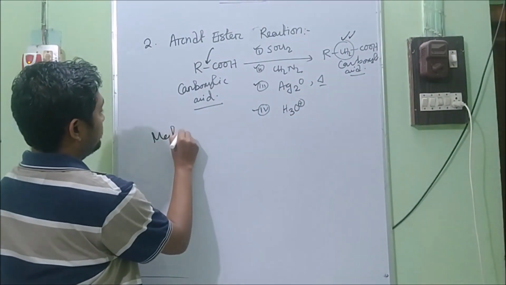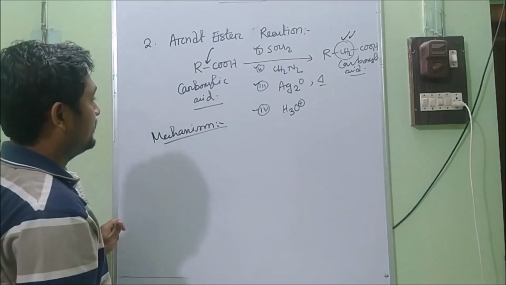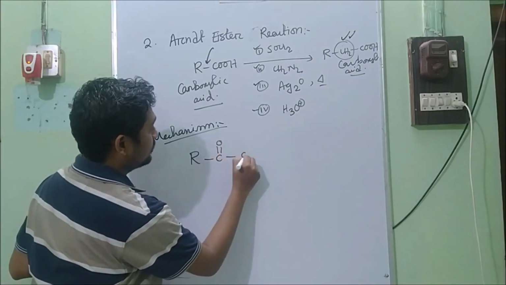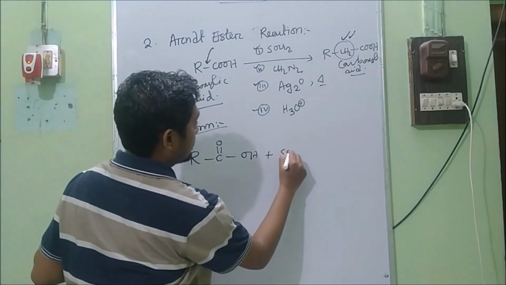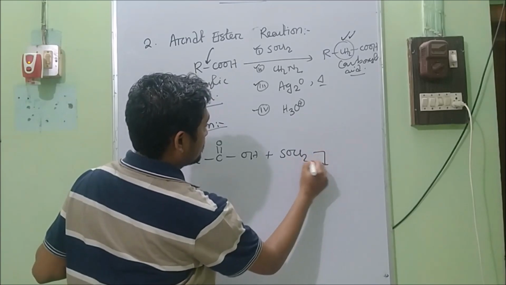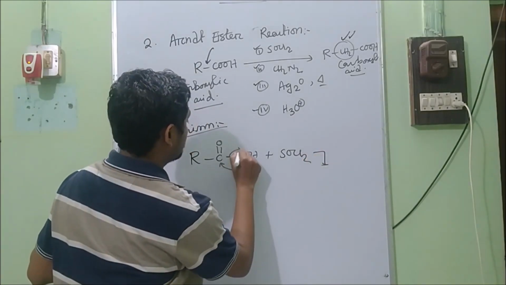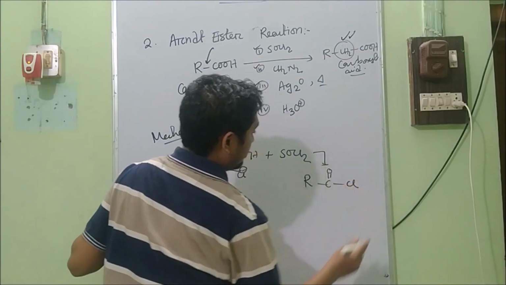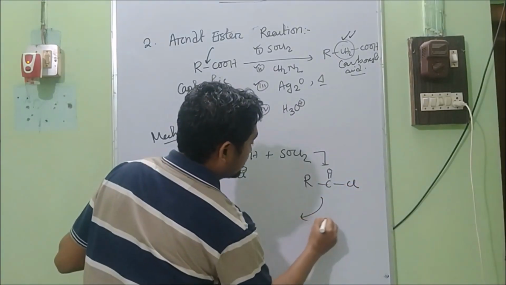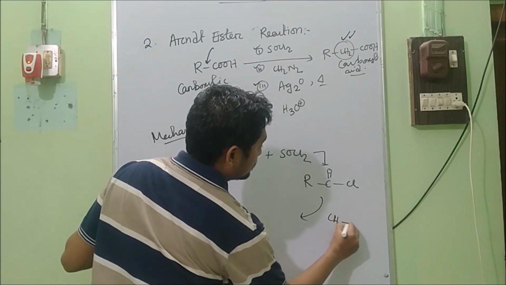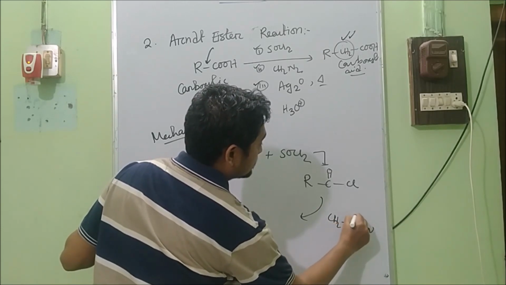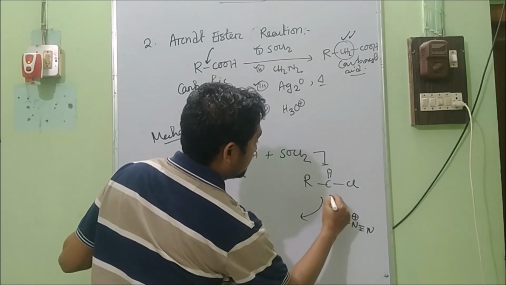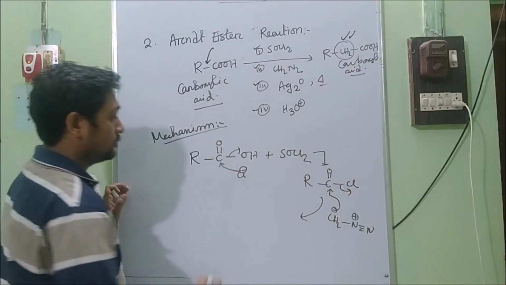So the mechanism of these reactions. At first step, COOH reacts with SOCl2, Cl will attack here, OH will go, so RCOCl. In the next step, diazomethane, CH2 double bond, this is positive, this is negative. So this will attack and Cl goes.